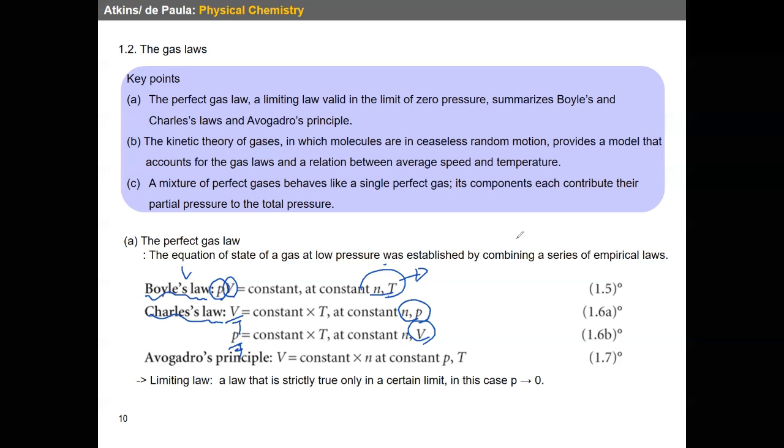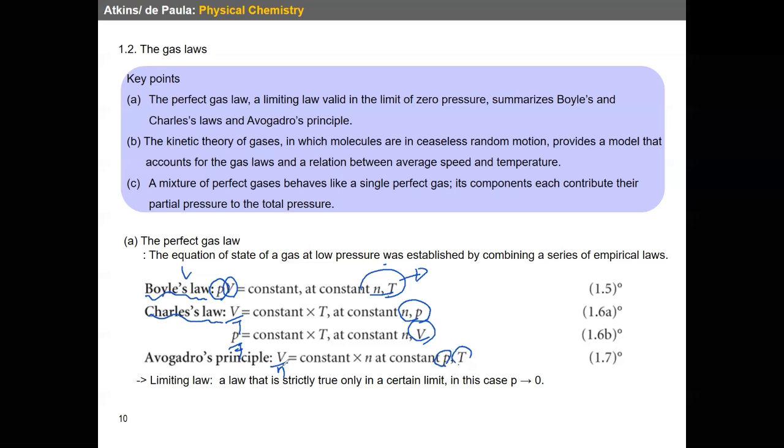And there is also Avogadro's principle, which is: if the pressure and temperature are constant, then N over volume will be constant.